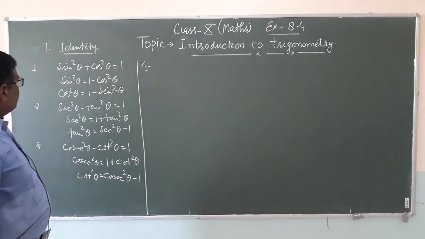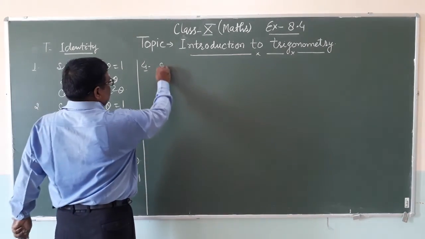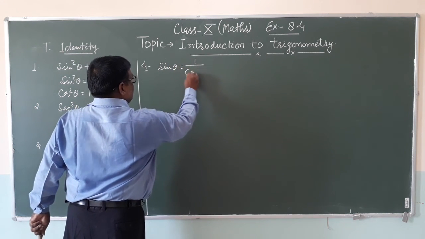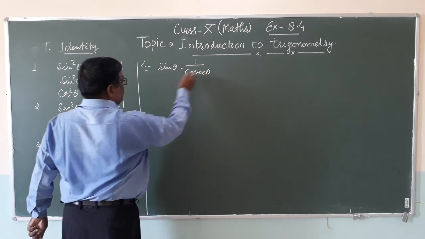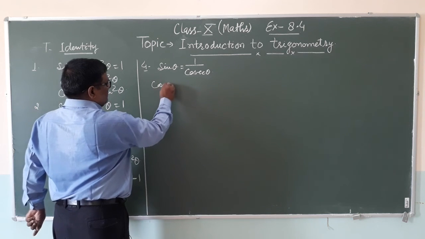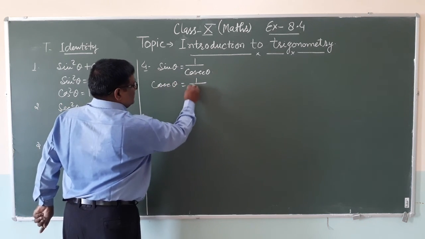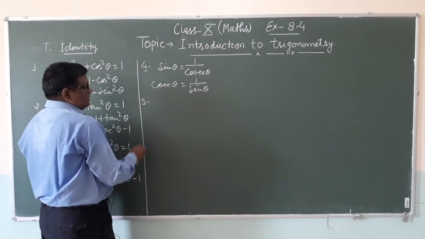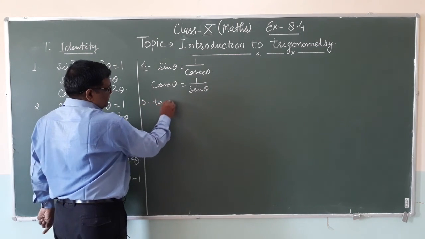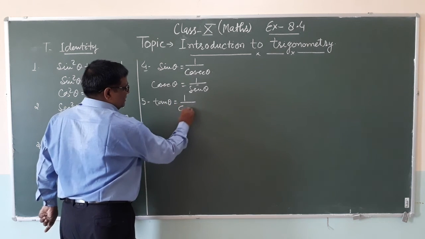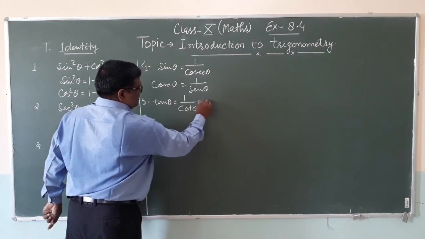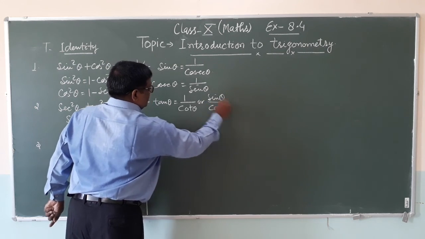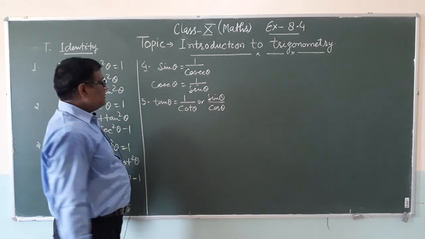Now we write sine theta is equal to 1 upon cosec theta, and cosec theta is equal to 1 by sine theta. Tan theta is equal to 1 upon cot theta, or it can also be written in terms of sine and cos, that is sine theta upon cos theta.